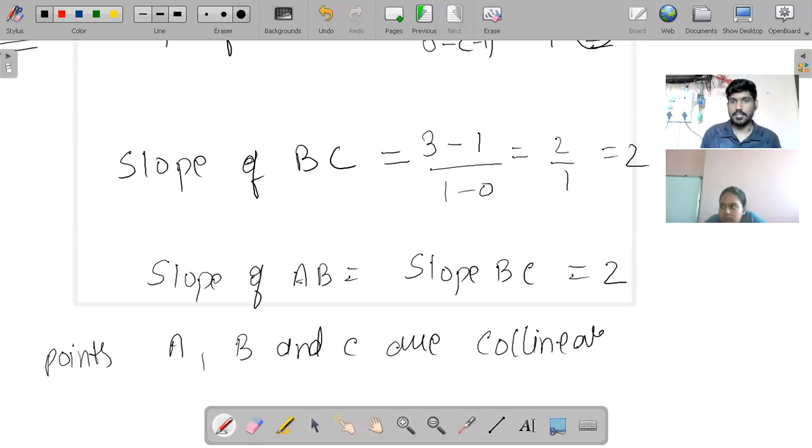Okay, is collinearity clear? The slope of AB and the slope of BC. So we will not find AC. No need to find AC. 2 is enough.